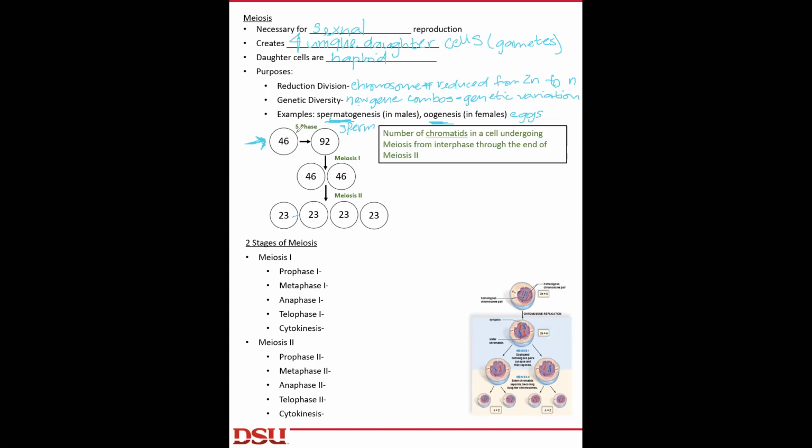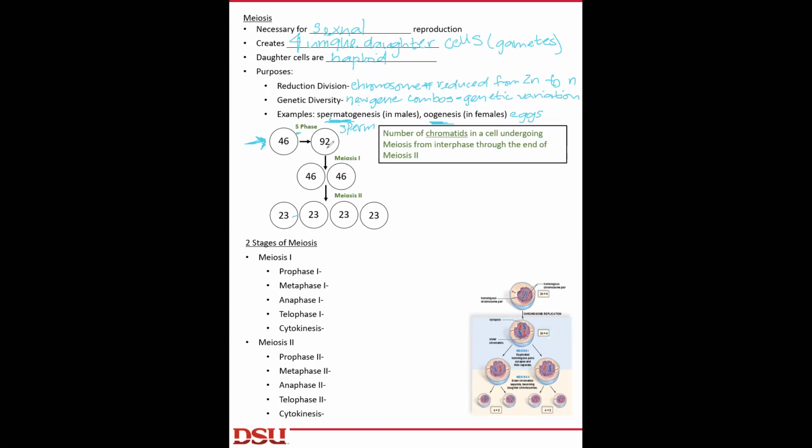Remember that during the S phase, in the cell cycle, the genetic information duplicates. So we end up with a total of 92 chromatids. Basically, they're just copies of each other, right? We have the original 46 from that cell. All 46 of those make a copy of themselves. So that gives us a total of 92.